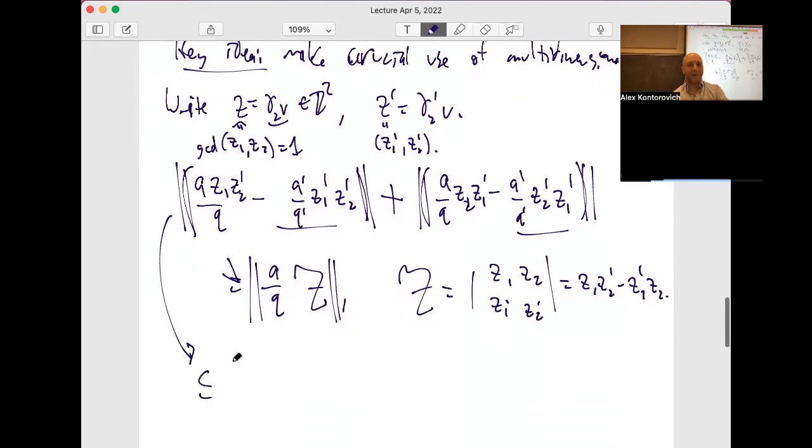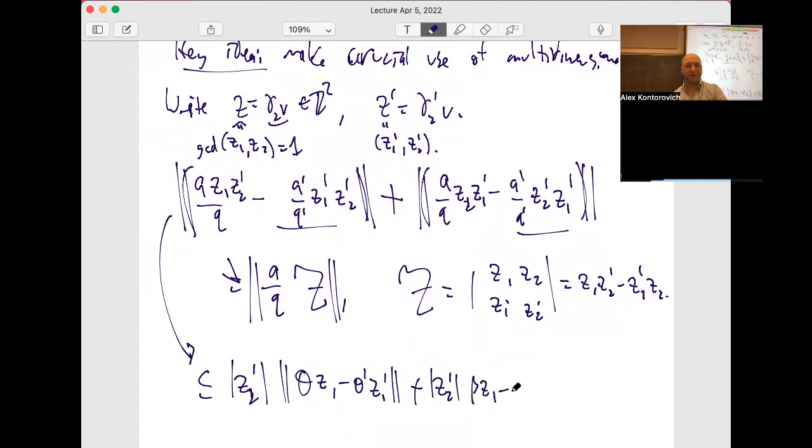These things are bounded by, well, there's just a z2 prime that got multiplied in, times theta z1 minus theta prime z1 prime, plus the same z2 prime times beta z1 minus beta z1 prime.